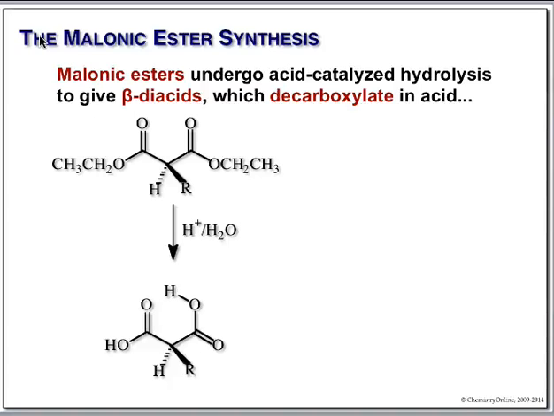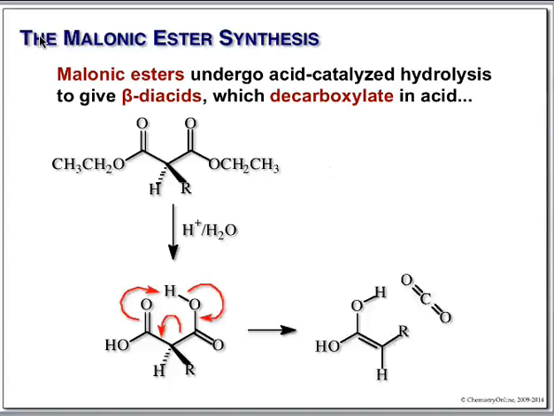The magic looks like this. We wind up with an enol and CO2. What we've done is simply to take one of these carboxylate groups, convert this to CO2, and we're left with the other one. And it fizzes. Chapter 20.